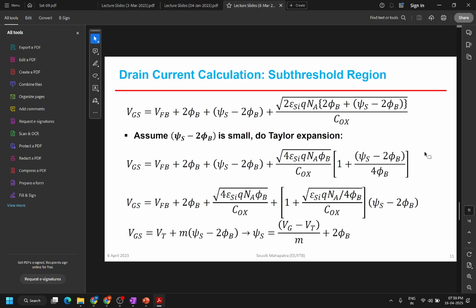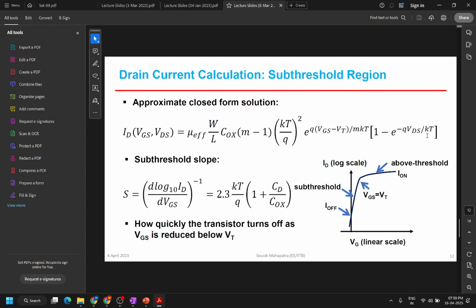These are all different types of equations that you use to calculate, and ultimately you get this formula for subthreshold, which is an approximation. If you use this formula and then calculate your subthreshold slope, it comes out to be 2.3 kT by Q times 1 plus CD by Cox.